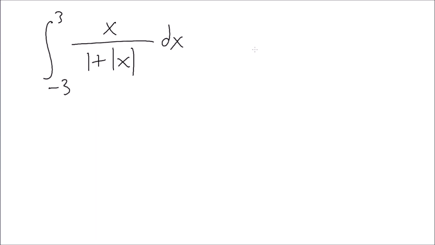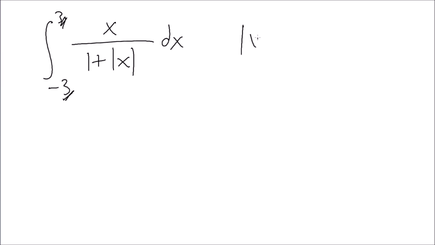Alright, so what do we do here now? Working with the absolute value, x was 0, so we can split this to -3 to 0 and 0 to 3. Wait a minute. The bounds, -3 to 3. Is this an odd function? Yes, it is.